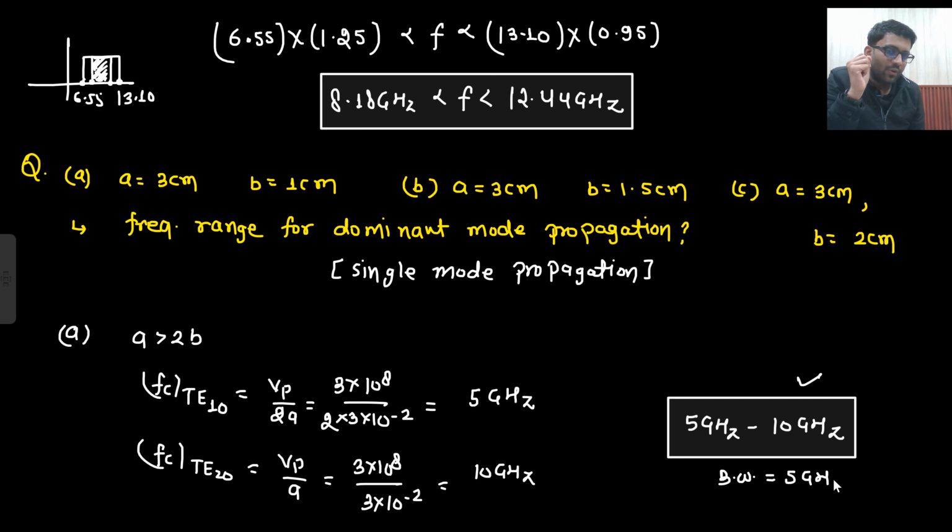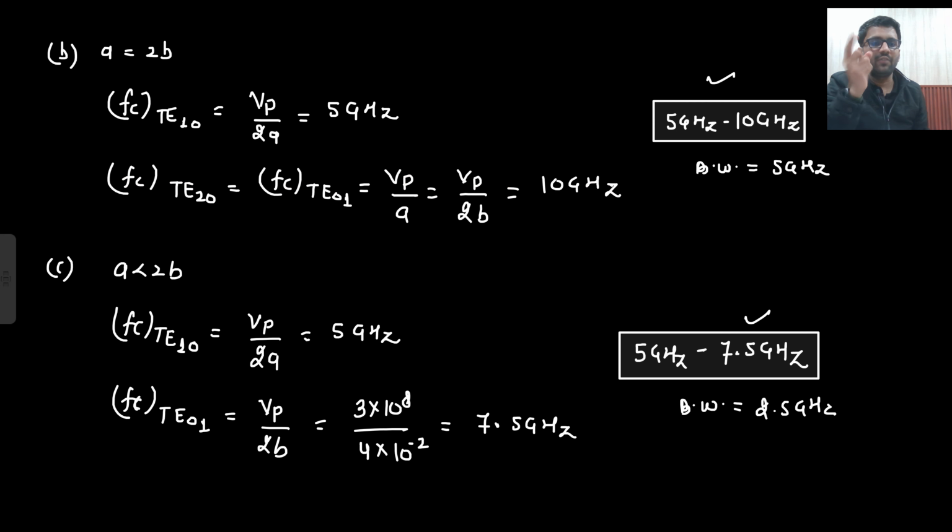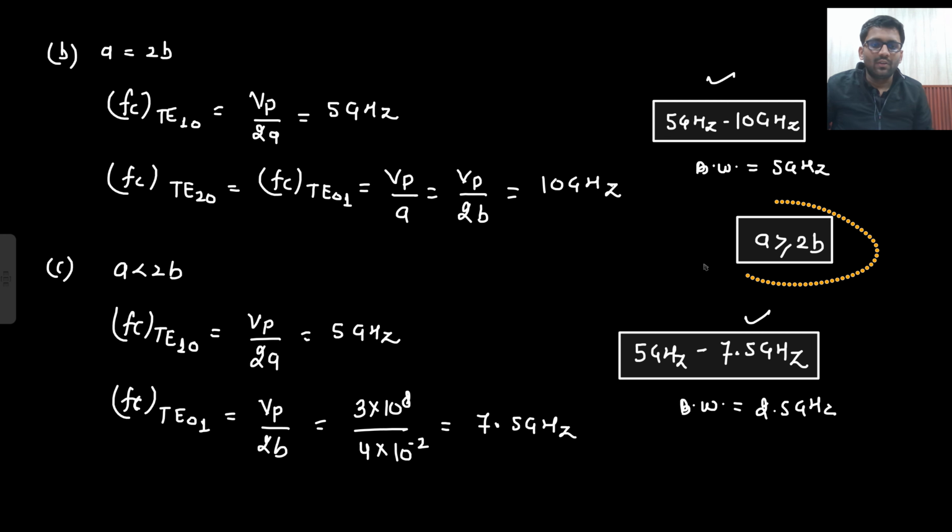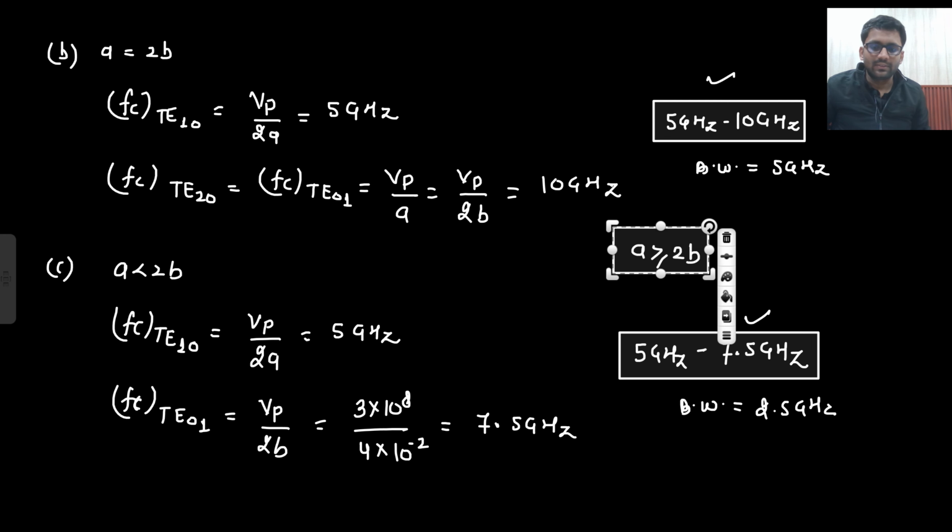So if I need more bandwidth, if I need to maximize my bandwidth for single mode propagation, then I need to design my waveguide such that A is greater than or equals to 2B. So for A greater than or equals to 2B, your bandwidth is 5 gigahertz. For this case, your bandwidth is 5 gigahertz. So sometimes in the examination, it is written.